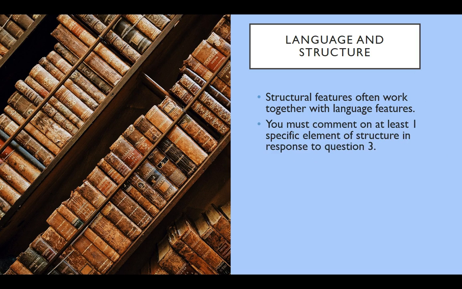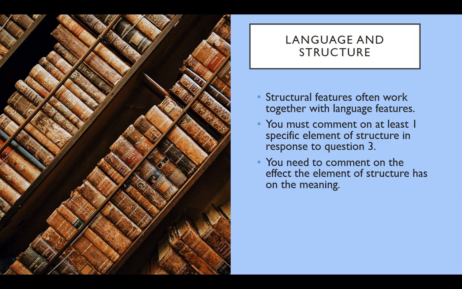Okay, you have to comment on at least one specific element of structure in your response to question 3, and you need to not just identify it, but as with the language features, comment on the effect that is having in relation to the meaning within the context of that particular extract.